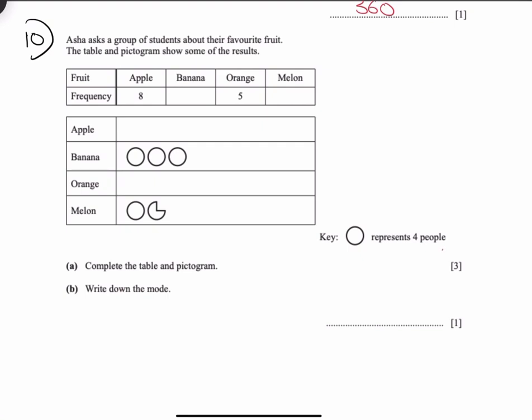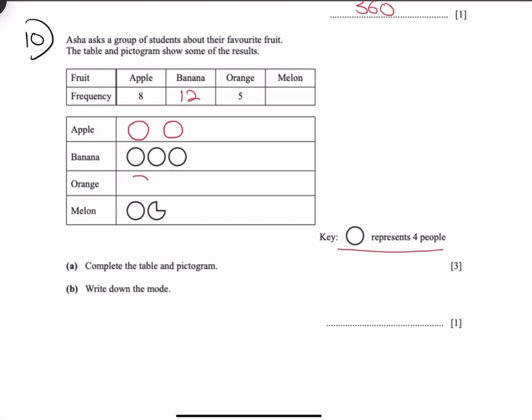Okay, so in this next question we have a pictogram that we need to complete, and we have to look at the key. It says that the circle represents 4 people, so a quarter circle represents 1 person. So apples are 8, so I'm going to draw 2 circles. So 1, okay, that's not a circle now, let me just erase this. So 1 and 2, that's for apples. Bananas, I think it's very obvious, it's 12, 4 times 3.